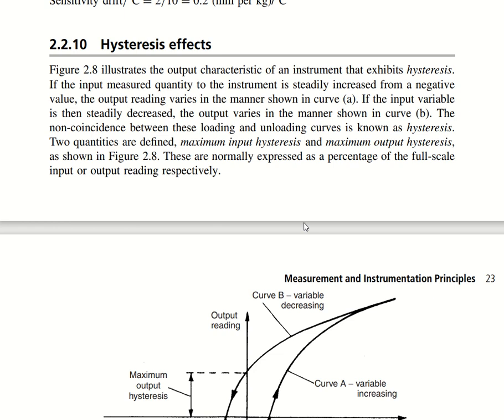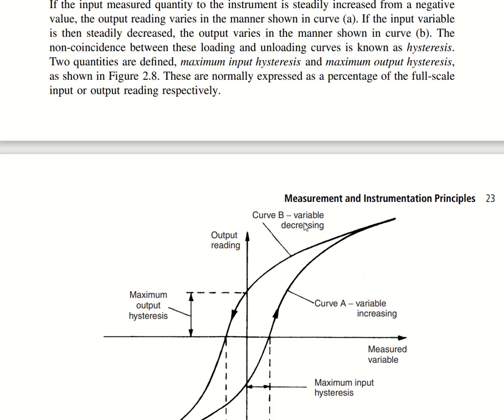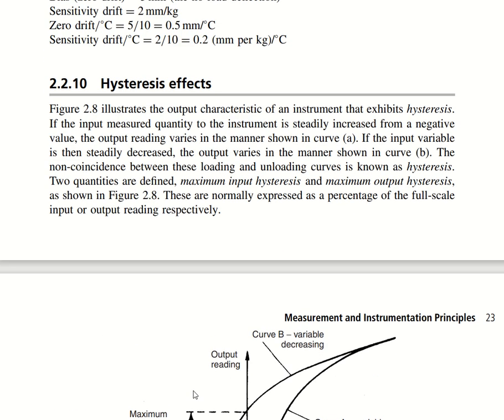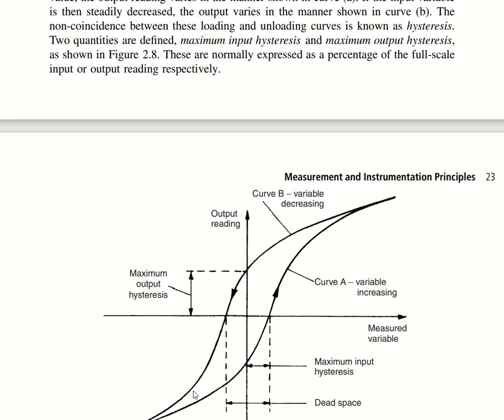If the input measured quantity to the instrument is steadily increased from a negative value, the output reading will vary in a manner that shows this curve A. And if the input variable is then steadily decreased, the output varies in the manner that shows curve B.